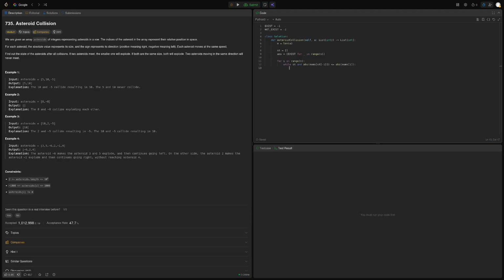So what I only care about is that if nums -1 is above 0 and nums I is under 0, right? Only that case makes a collision.